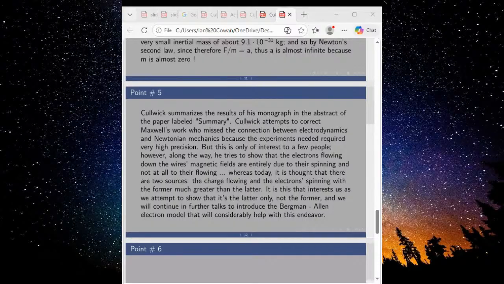Whereas today it is thought that there are two sources, the charge flowing and the electron spinning, with the former much greater than the latter. It is this that interests us, as we attempt to show that it's the latter only, not the former. We will continue in further talks to introduce the Bergman-Allen electron model that will considerably help with this endeavor. Okay, I think we talked about that, and Dennis showed a little picture. So let's go on to point number 6.